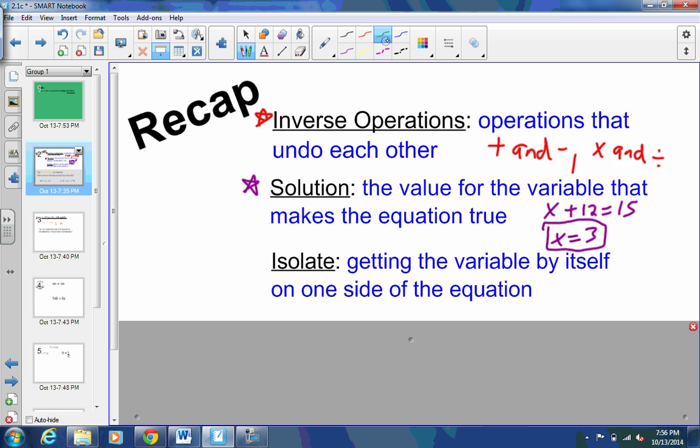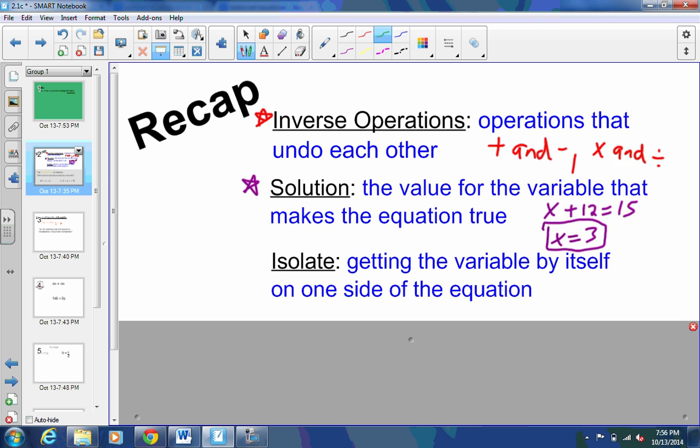Now lastly, the word isolate. When you think of isolate, you might think of leaving it by itself, you're leaving it all by itself. Again, you might think of sports, and they use the term iso or isolate, and that is to get the person all by themselves to go, a lot of times one-on-one against whoever they're working with in basketball or football.